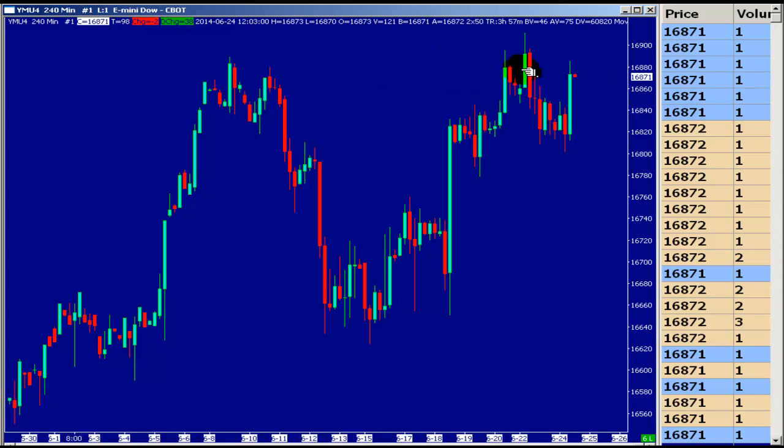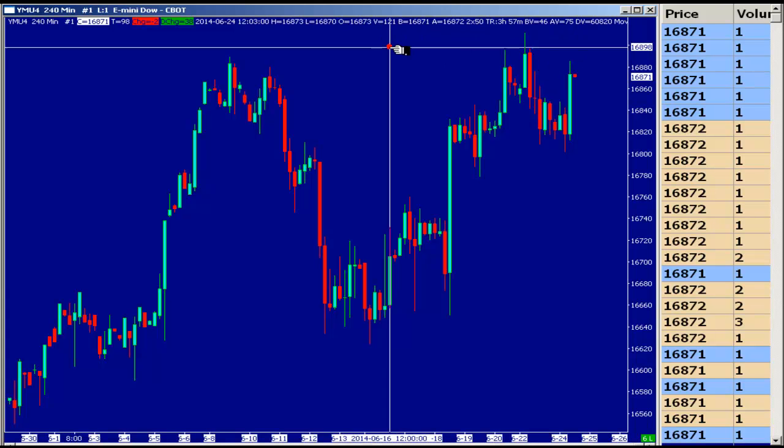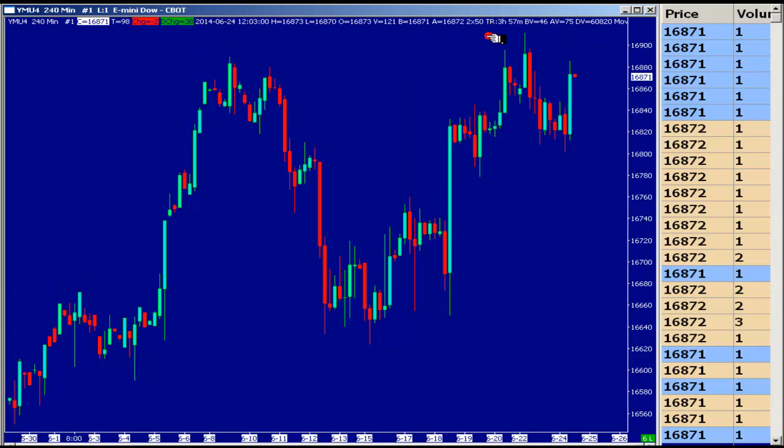But just know that this resistance area still holds, notwithstanding it having been broken, right? So the way to think about it is, resistance is the ceiling, support is the floor, and a big part of what you're going to be trying to do as a trader is determine where's support and where's resistance, right?